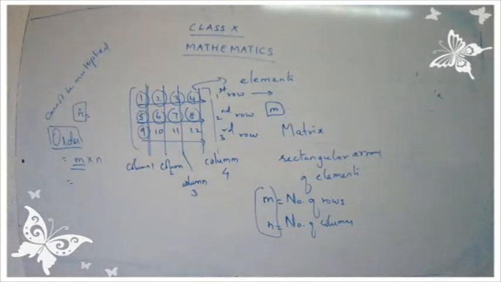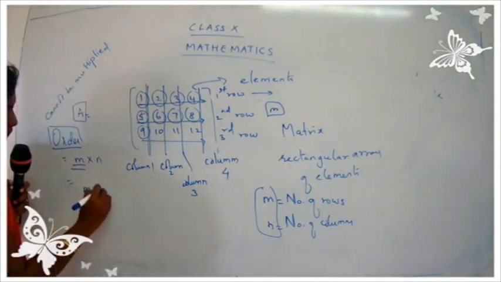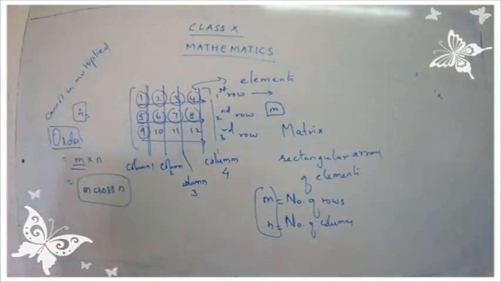So now what are we going to do? We are going to find the order of the matrix. How to find the order of the matrix, children? M cross n. How are you going to read this? M cross n. So let us write the order.